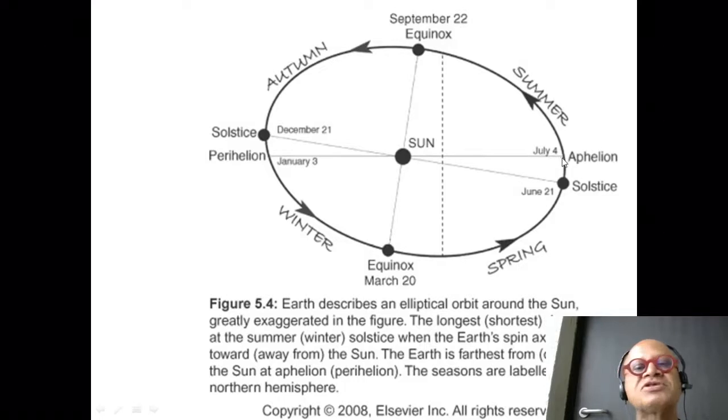And during our summer, we are actually passing through the aphelion after the solstice, and that should make the summer a little bit milder. So we end up with these equinoxes where the sun is overhead on the equator and the length of day is the same at all latitudes.